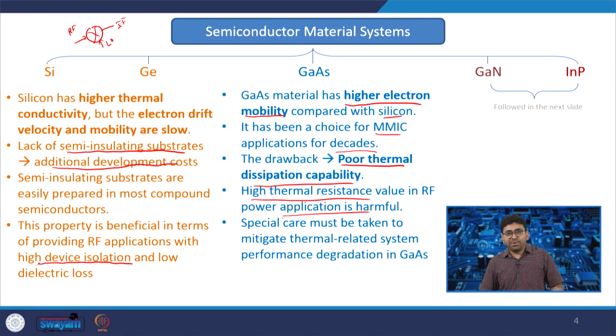So, this is about gallium arsenide. For many high performance receivers, let us say for satellite applications, or where you require precision in terms of sensitivity, these GaAs based receivers are used, and in certain cases high power amplifiers can also be designed.